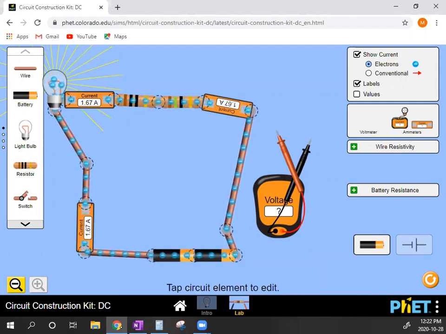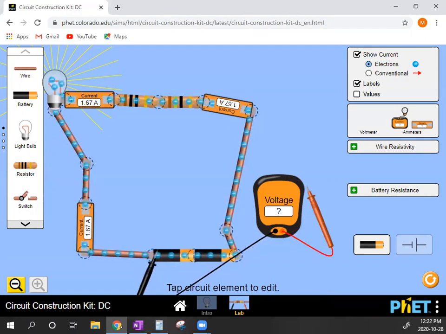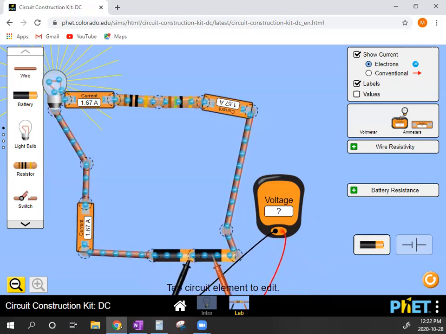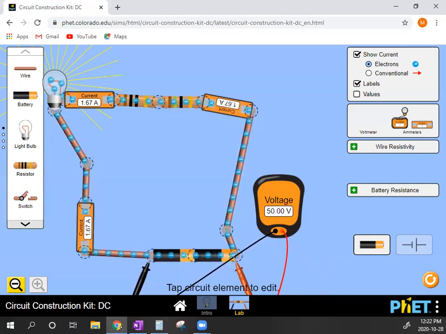So here's the deal. Why would I connect two batteries like this together in a circuit? Well, the answer is if I want more voltage in this case. So take a look. If I take my voltmeter and I measure across one of my batteries, I get 20 volts across that one, and the other one I get 30, but when I go across both, I get 50 volts.